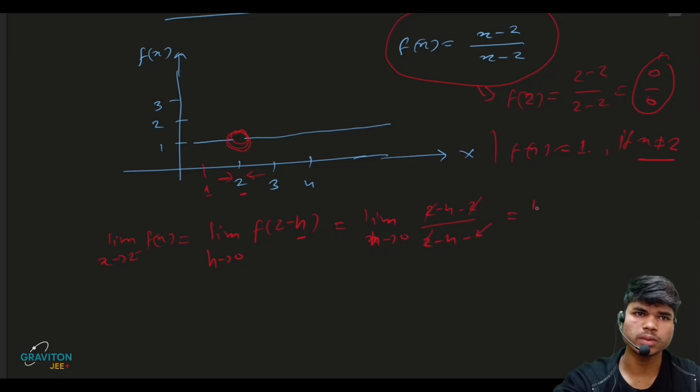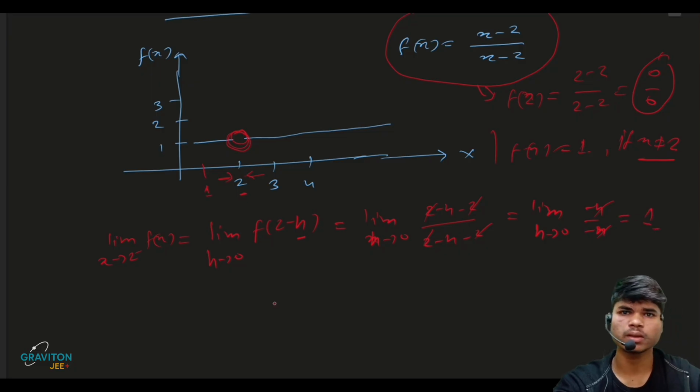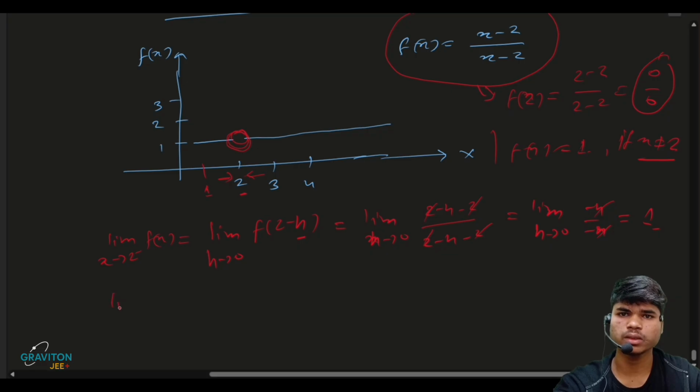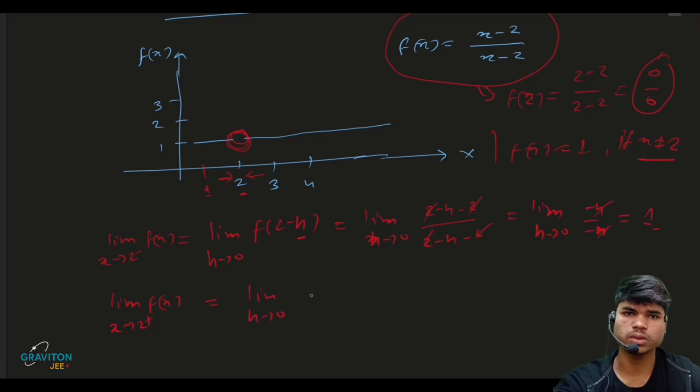This will cancel out. So we will get limit h tends to 0 of minus h divided by minus h. This will cancel out each other. Then we will get 1. And similarly, we can write for the right hand side limit, x tends to 2 positive f of x equals limit h tends to 0 f of 2 plus h.